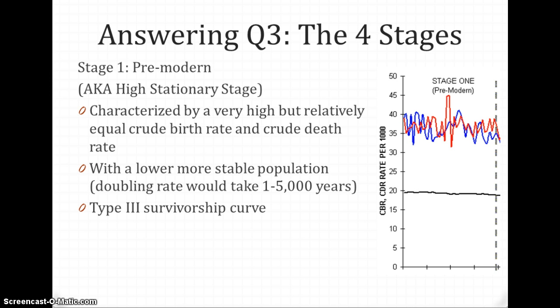This causes a lower level but more stable population. A doubling rate for this population would take anywhere from 1,000 to 5,000 years. And this is typically following a type 3 survivorship curve.